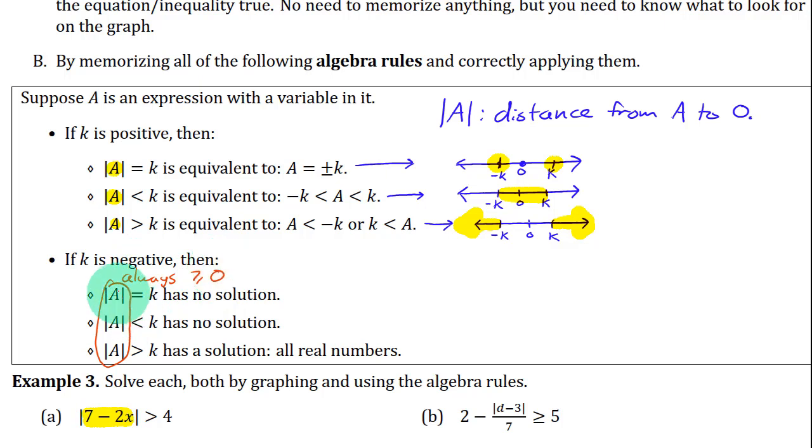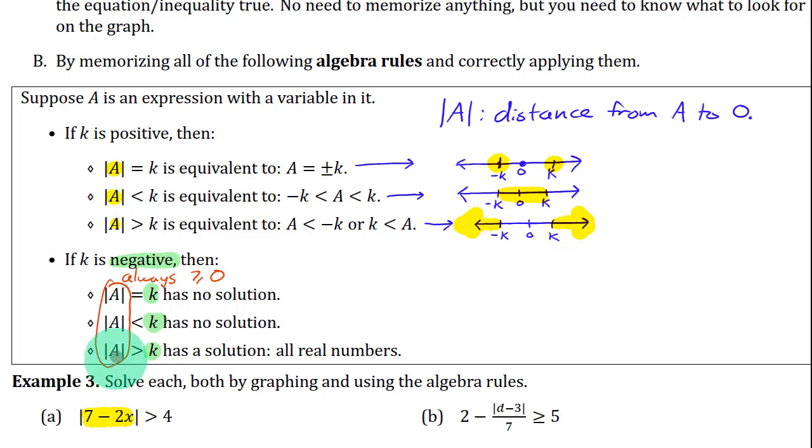So this is saying this thing that's always positive is equal to a negative number. This one's saying the absolute value of A is less than a negative number. That's impossible. Absolute value can't be negative. It can't be less than negative, which means even more negative. So either way, this has no solution.